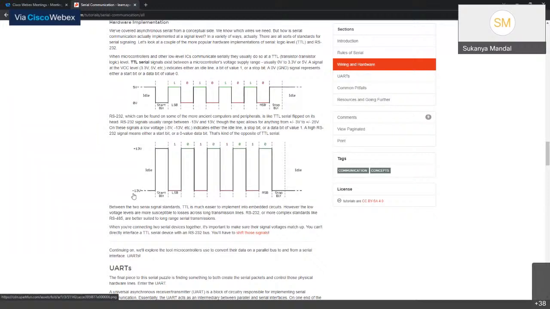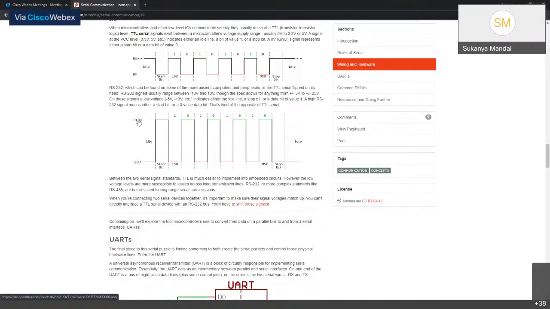So in that case, you have a minus 13 and a plus 13, and here is the idle mode. Basically minus 5 volt to minus 13 volt indicates the idle state, a stop bit or a data bit transfer of value 1. A high RS-232 signal means either a start bit or a 0 value data bit. So here again you have the range between minus 13 and plus 13. These are the idle modes, the data transfer start bits and the stop bits.